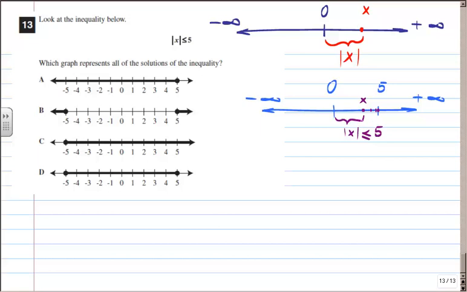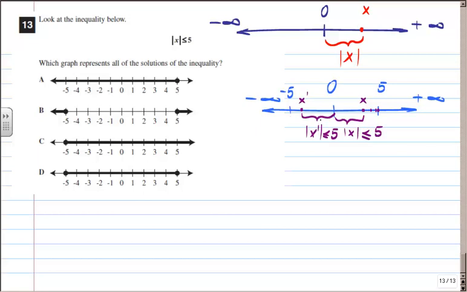Well, that's one way. How about negative 5? How about if my x will be here? Is that absolute value, let's say x prime, is the absolute value of my x prime here less than or equal to 5?